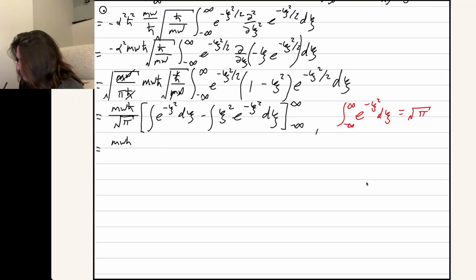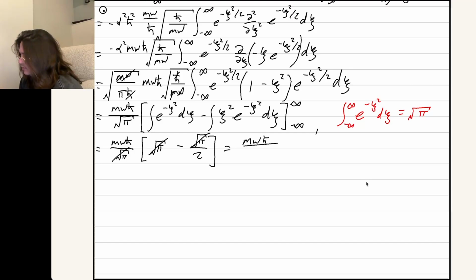So this is going to be root pi. This is going to be root pi over 2. So the root pi cancels, and we just have m omega h bar times 1 minus 1 half, which is just 1 half. So m omega h bar over 2.